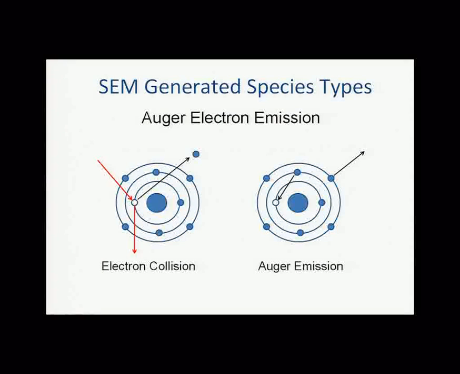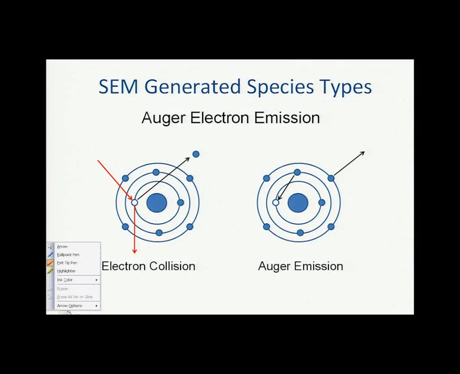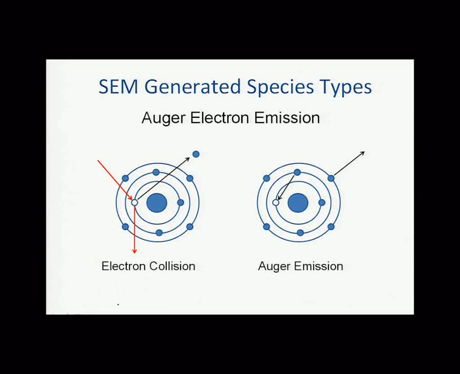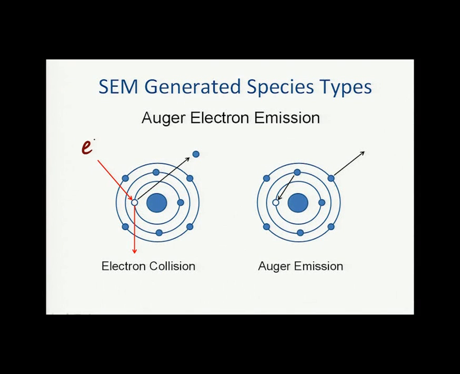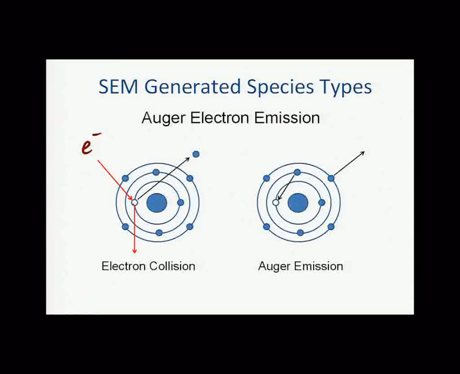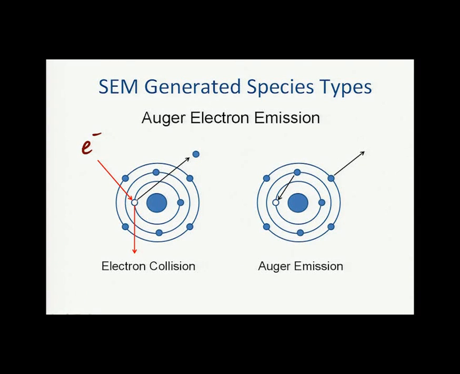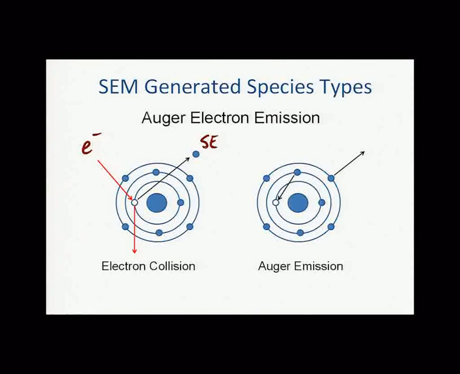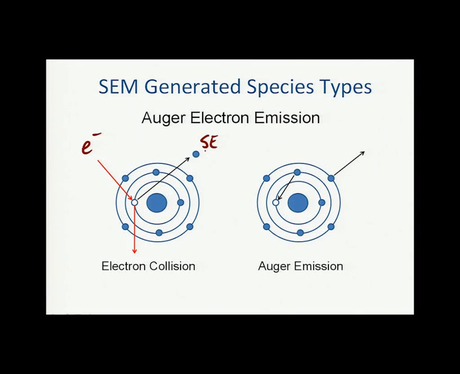So here's a nice little drawing of that. Let me add some color. I think it might make some more sense to us. So here comes our incoming incident electron beam. It hits an electron, which is basically knocked out of our sample, let's say, and therefore it's a secondary electron. But now we create a little hole here.